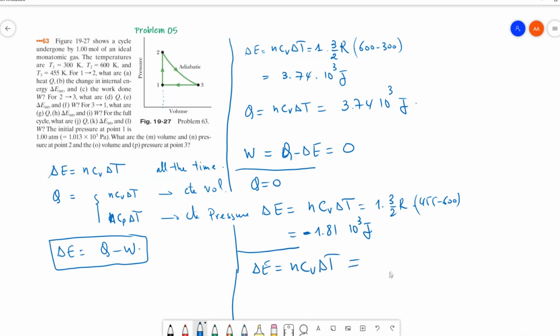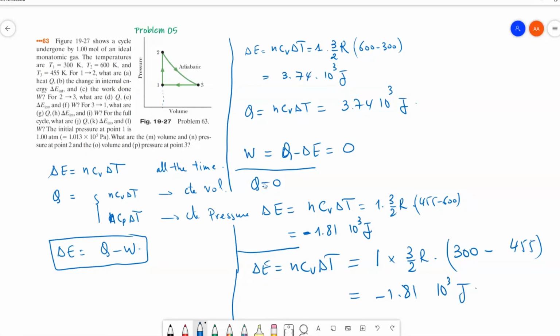So I can start with 1 mole, 3 over 2 R, multiplied by delta T, which is the final temperature 300 minus 455. And if I do this, it's minus 1.81 again, if I am not wrong.